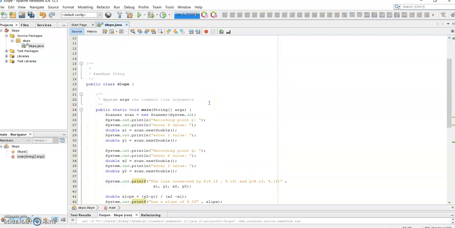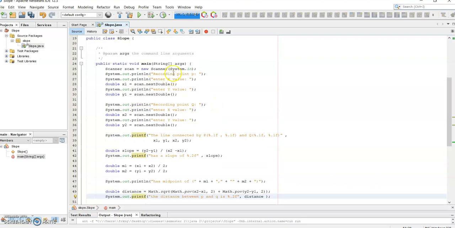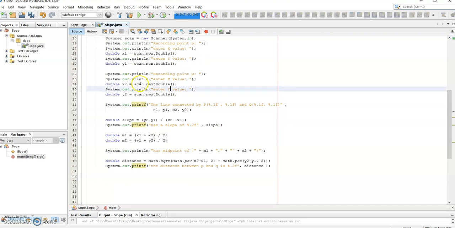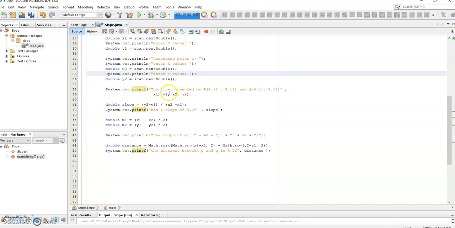What we did here: we just asked the user to enter the values for 2 points, for each x value and y value. So yeah, we have variables. All of them are double because we cannot receive integer or string, right? And first we display the points with the printf, and then calculate the slope and then display the slope.